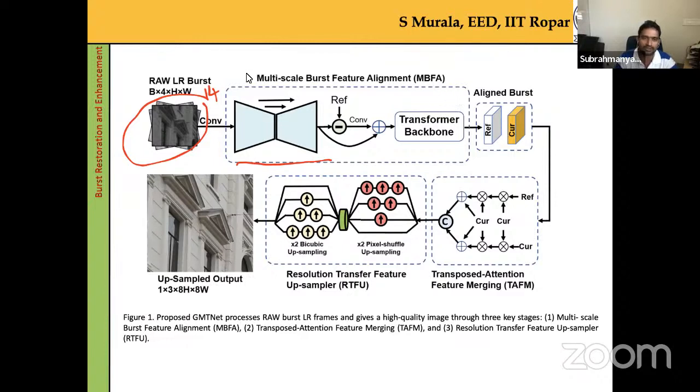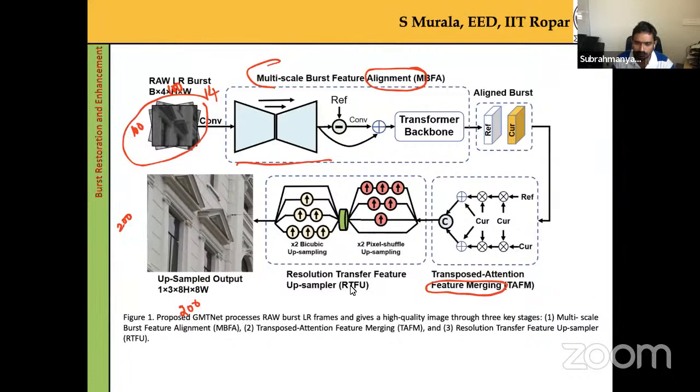One module is the alignment module. After alignment, we need to go for feature merging or feature extraction for better restoration. After that, the requirement is that, let's say this is 100 by 100, but you need a size of 2x, which is nothing but 200 by 200. So upsampling is also required.